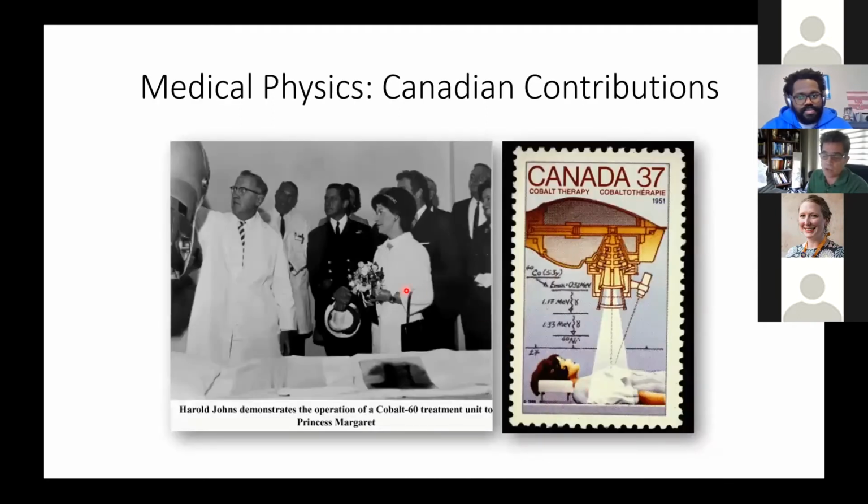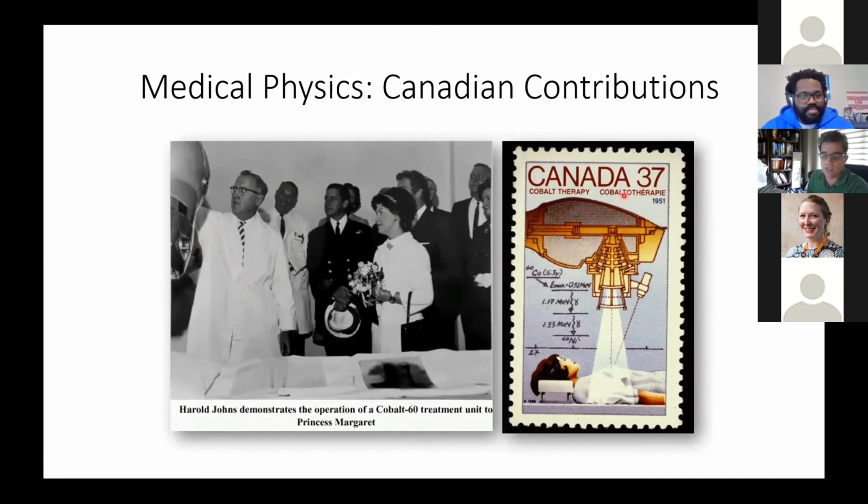In fact, the contributions of Canada to the field are very significant. What is called the cobalt bomb, which was one of the first radiation machines that were produced, was developed by Sylvia Fedoruk and Harold Johns in the 50s. And you could see here Princess Margaret visiting the Princess Margaret Hospital in Toronto many years ago when they were demonstrating the first such device.